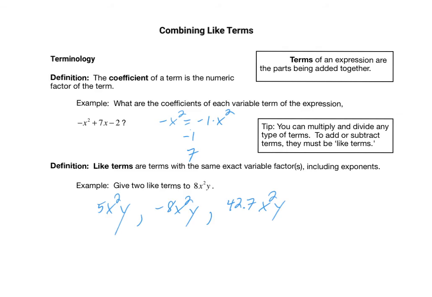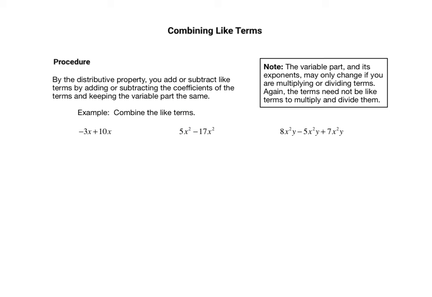Now that we have like terms defined, we can now talk about how we add and subtract like terms. And we add and subtract like terms directly as a function of the distributive property. What you do is you simply add or subtract the coefficients of the terms and you keep the variable part exactly the same. So we want to combine the like terms here.